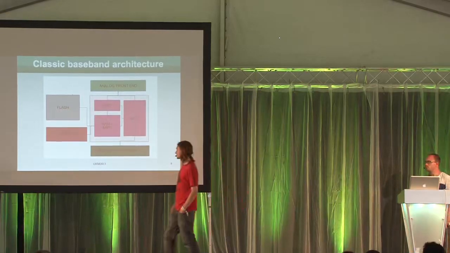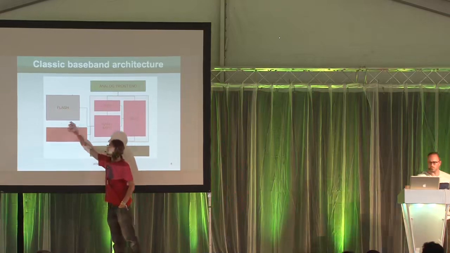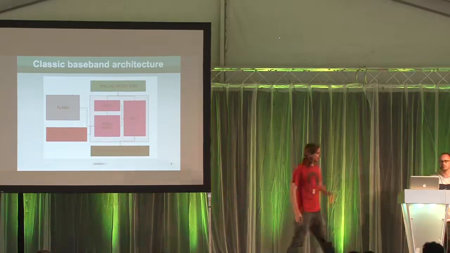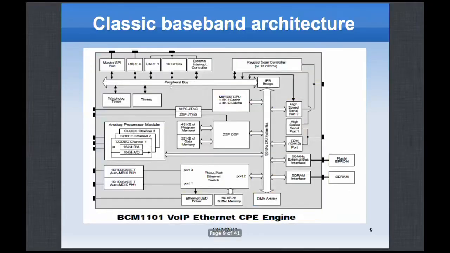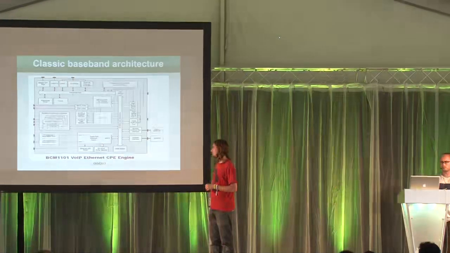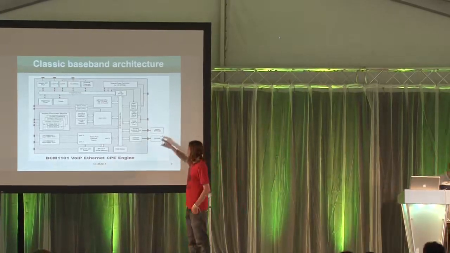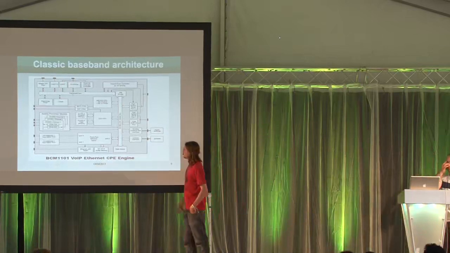So what we are interested in here is having the content of the flash, and we can download it from the internet. Here is the correct scheme for the chip we will be focusing on, which is the Broadcom 1101 VoIP Ethernet CP engine. So you still have the flash, the SDRAM.